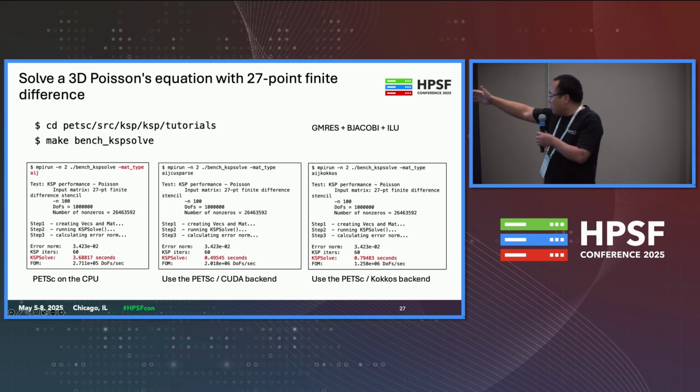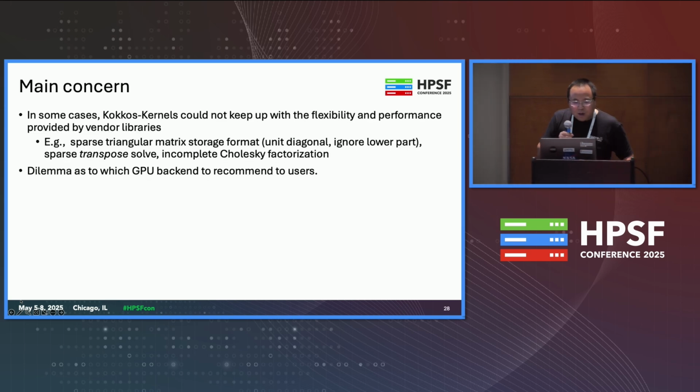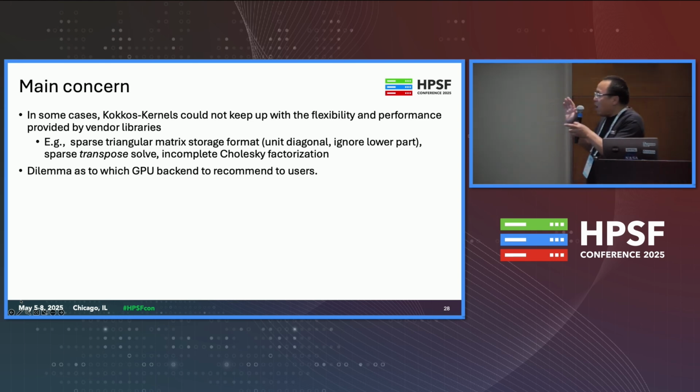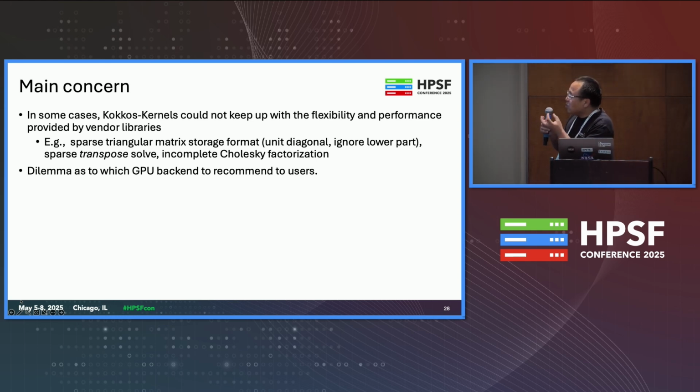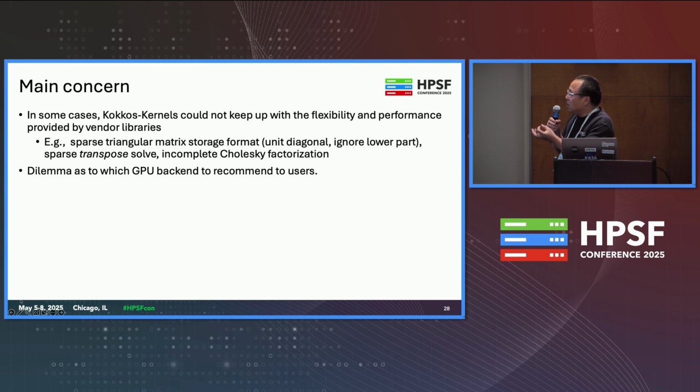You can see that with the PETSc Kokkos backend, the performance is worse than PETSc CUDA. Why? Because it's not an apples-to-apples comparison. I find in some cases, Kokkos-Kernels could not keep up with the flexibility and performance provided by a vendor library. For example, with the vendor library, I can store the factorized matrix, the L part and U part, in the same matrix.